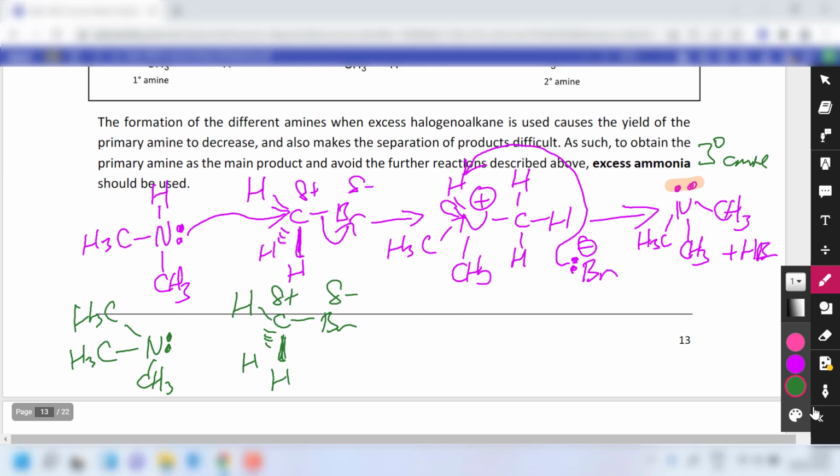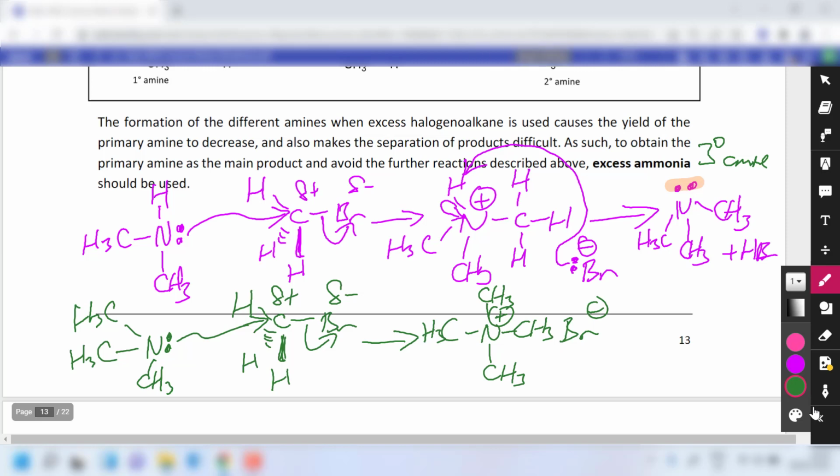Then from here, a rear attack towards carbon, and then heterolytic cleavage towards the bromo group, and what I'm going to get here is a nitrogen bonded to four CH3. This is known as a quaternary ammonium salt. Take note that the nitrogen no longer has any hydrogen, so it's no longer a conjugate acid of anything.